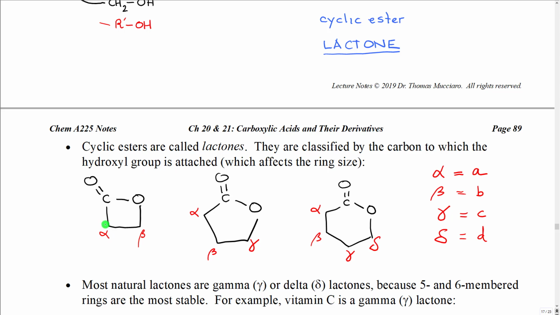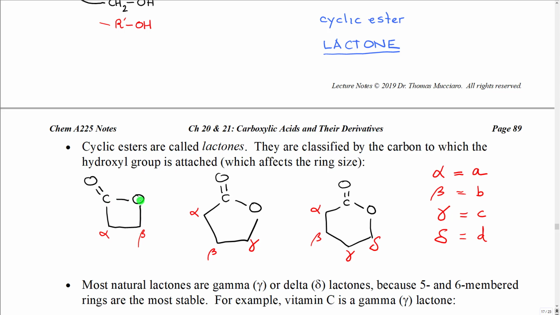So here's the adjacent carbon, alpha, the next carbon would be beta, and so forth. The lactone is then classified by looking at which carbon in the chain has the oxygen that is attached back to the carbonyl. So for example, in this four-membered ring lactone, we have alpha, beta, and then we go to oxygen and back to C double bond O.